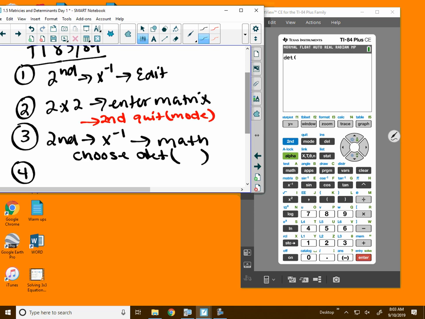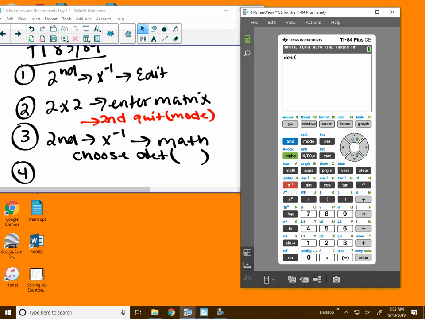All right, last step. It's saying, what matrix do you want to use? Well, of course, we'll use the matrix that we just entered. So we're going to press second, X inverse, and it's already on A. If you needed to choose B or C, you would just use your up and down arrow, but you're just going to choose A and press enter. That's what it should look like.